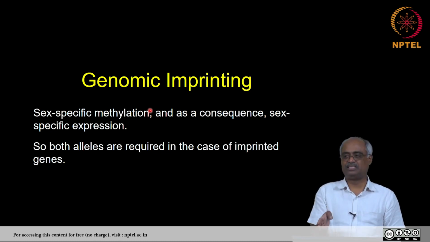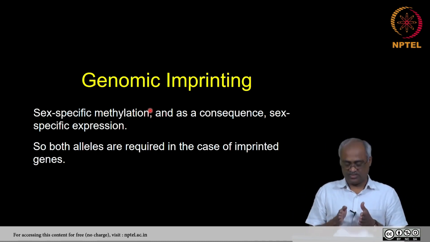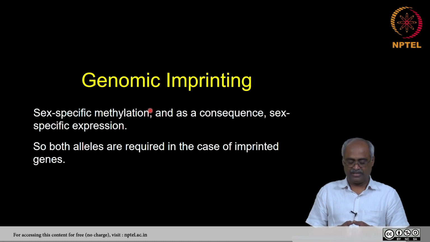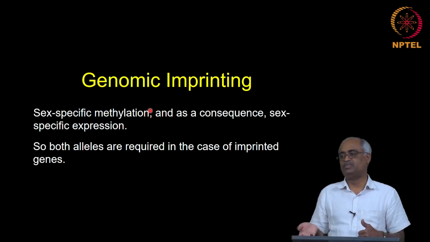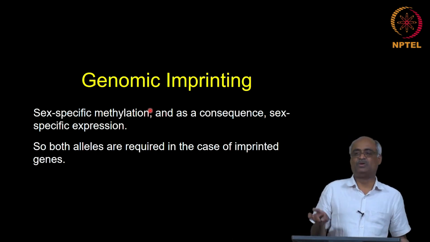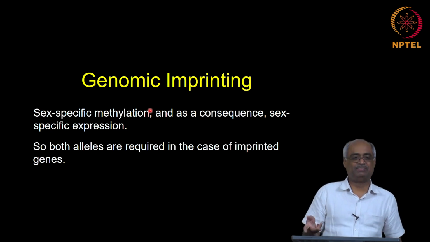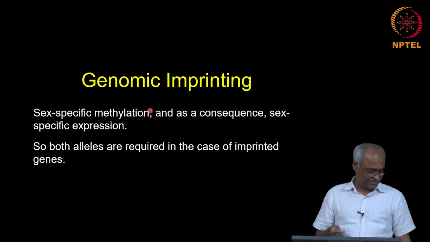So the methylation is specific to the sex of the individual in whom the gamete is forming. As a result, for such imprinted genes, imprinted meaning subject to sex specific methylation, you need to have both alleles, because one allele is going to be inactivated and the other is going to be the only one available. So if you have a mutation in such genes, you will have a sex specific phenotypic outcome. That is what we are going to see next.